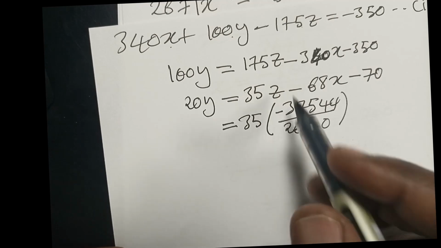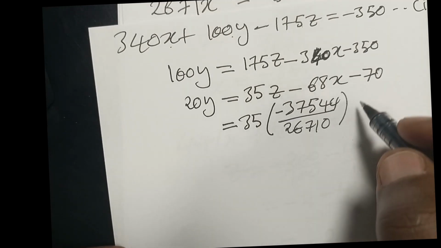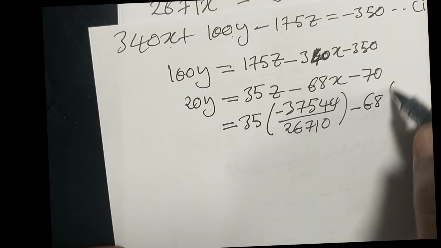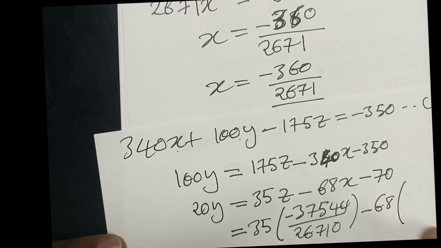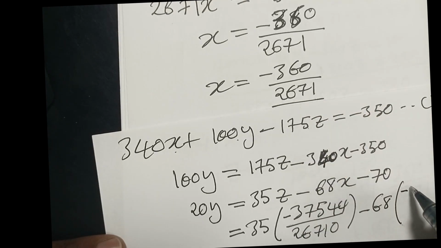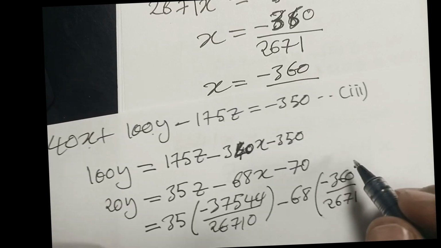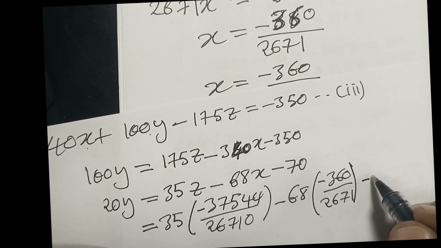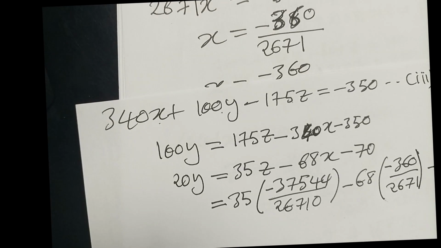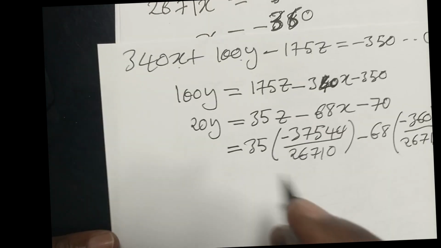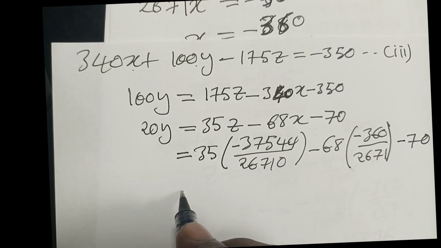Where there is Z, we've put this number, minus 68. Where there is X, we're going to put this number, negative 360 over 2671, and then you close the bracket, minus 70.